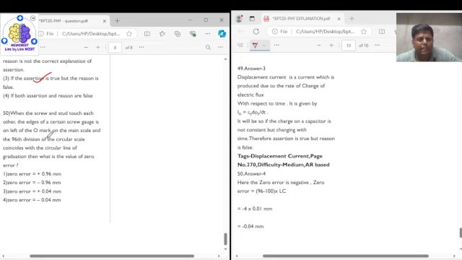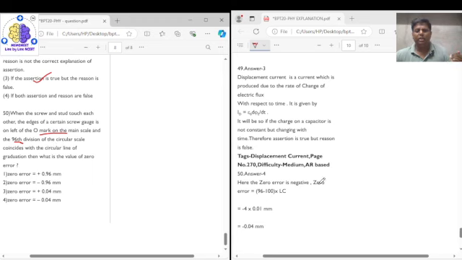So they say that when the screw and the stud touch each other, the edge of the circular scale is to the left of the zero mark on the main scale, and the 96th division of the circular scale coincides with the reference line.